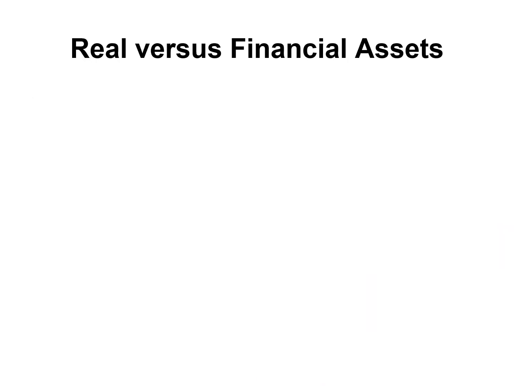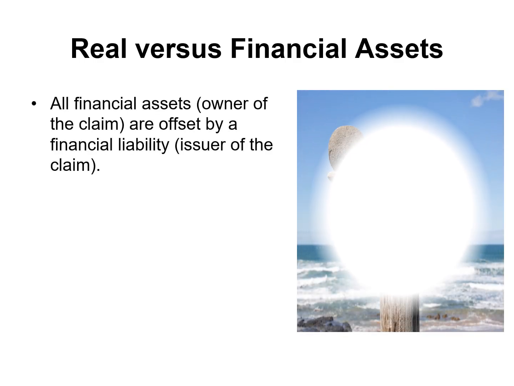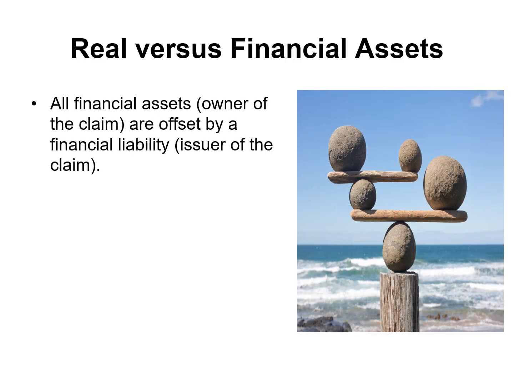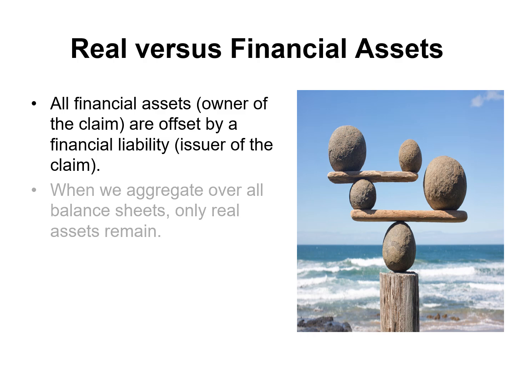An important financial concept that often goes unnoticed is this one. Every financial asset, which is essentially an ownership claim, is simultaneously someone else's liability. Therefore, when we examine financial assets in isolation, we might be misled into thinking that they represent net wealth.